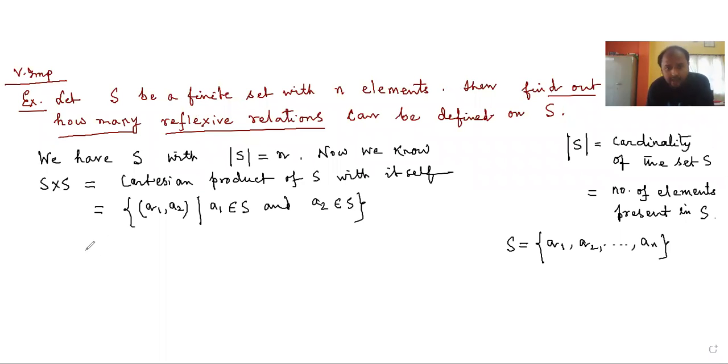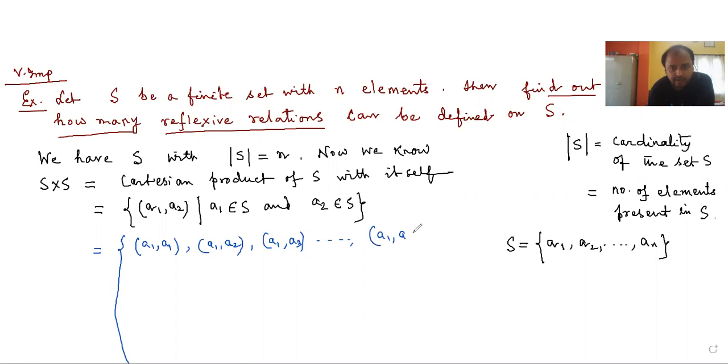Now if you like to write all the elements of S cross S, they will be of this type: (a1, a1), (a1, a2), (a1, a3), up to (a1, an).